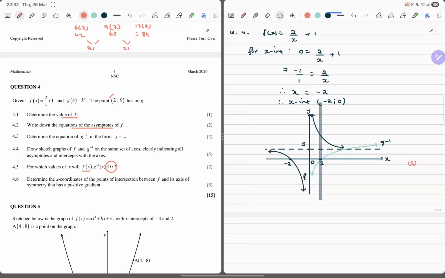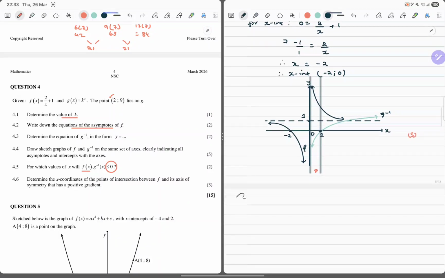So this means our issues only take place in between. Our issues only take place here. Right, so this is the interval that matters.